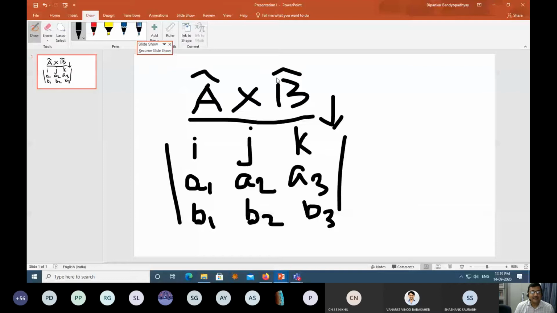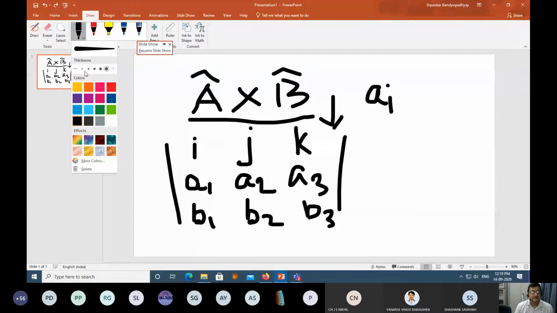So how do I express this cross product in index notation? First, I write this as A_i e_i cross B_j e_j. Now, what do I know about the cross product?